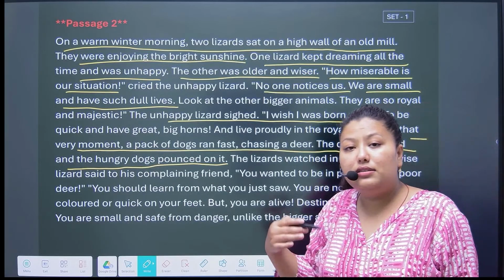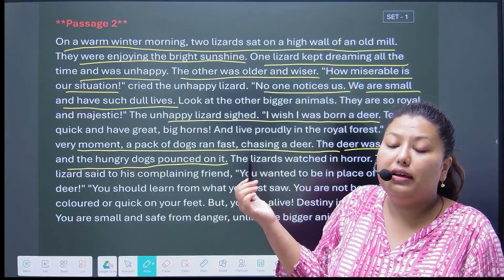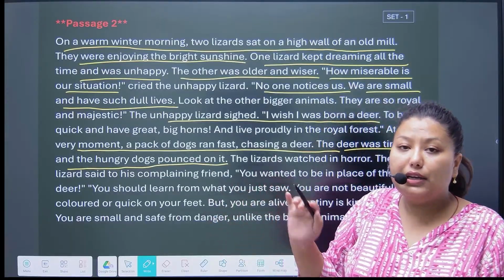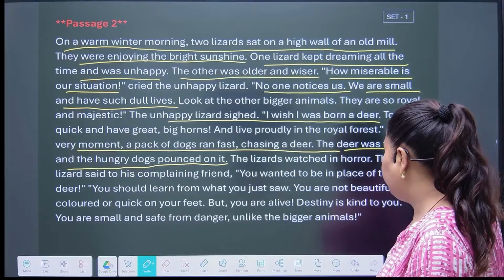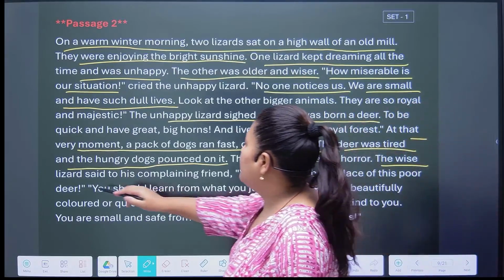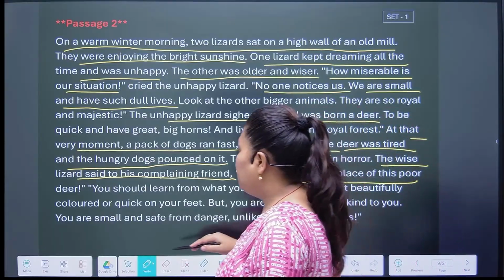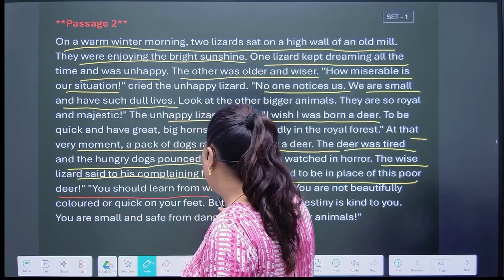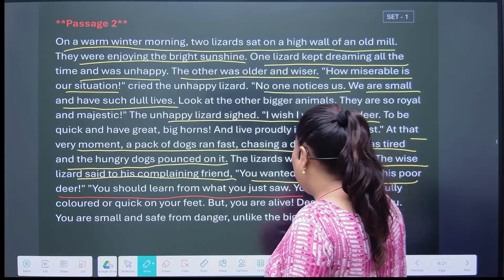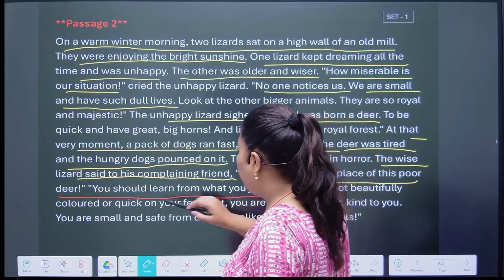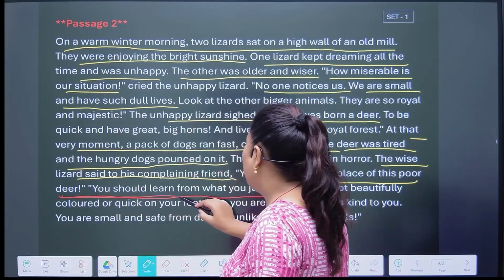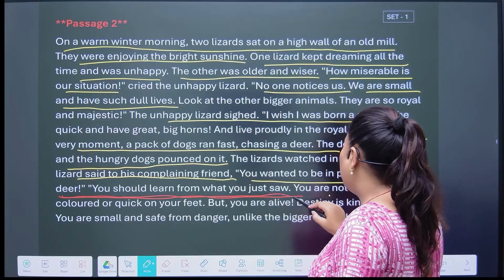After seeing that scene, what did the wise lizard say to his complaining friend? The wise lizard said to his complaining friend, you wanted to be in place of this poor deer. You should learn from what you just saw.